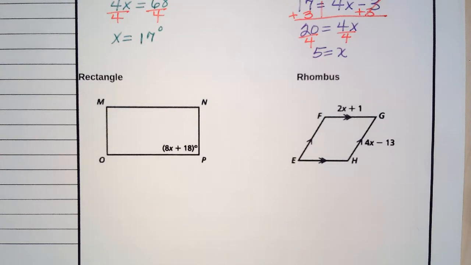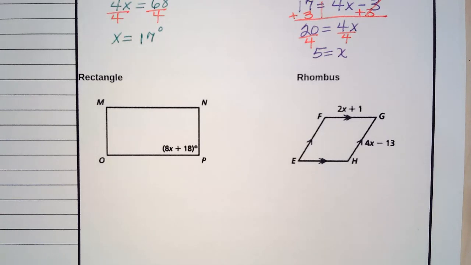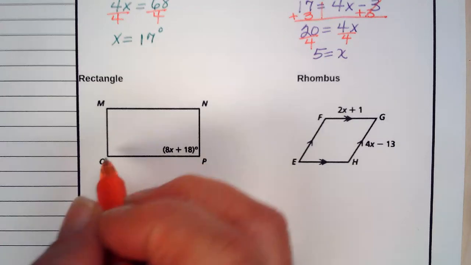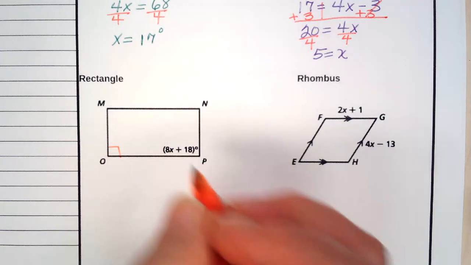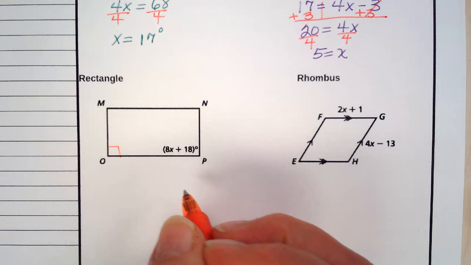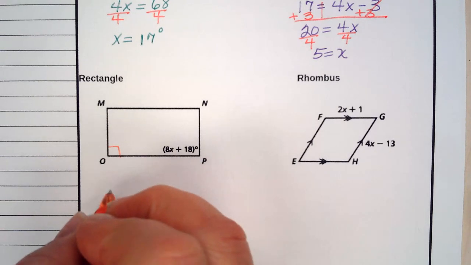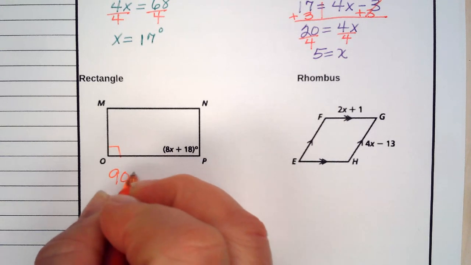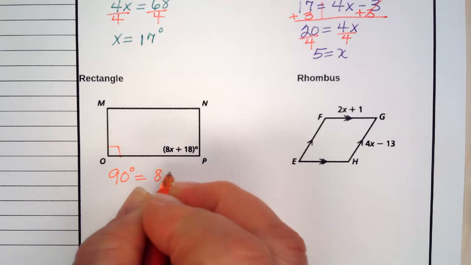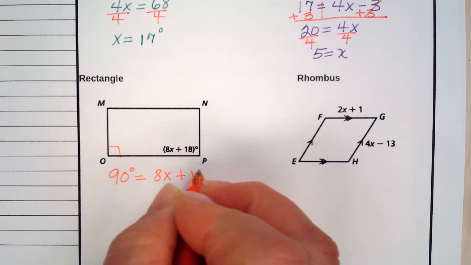To make it a rectangle, what do we know about 8x plus 18? To be a rectangle, what do I know about all my corners, all my angles? They are all 90 degrees. Set it up. 90 degrees is equal to 8x plus 18 degrees.